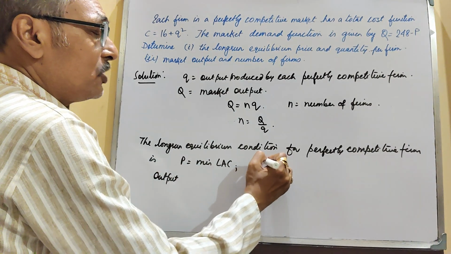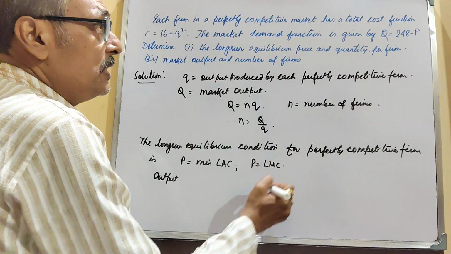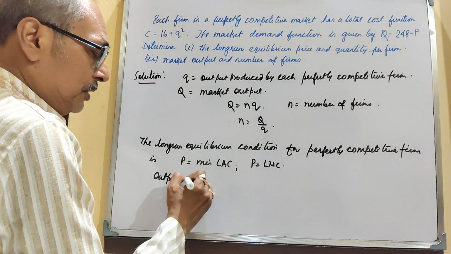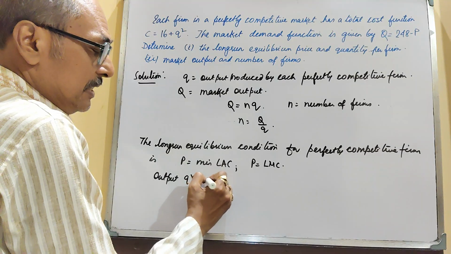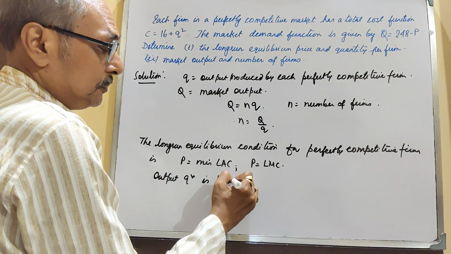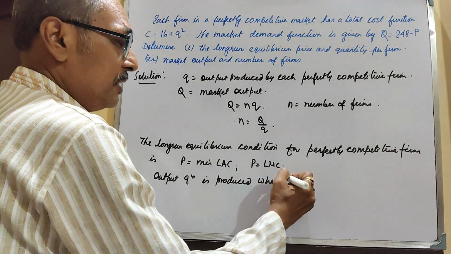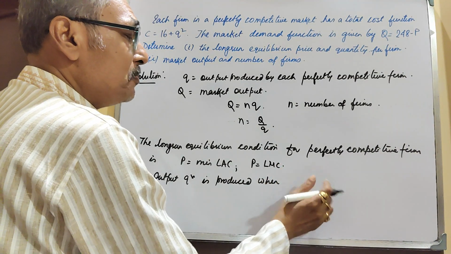P equals LMC also, and output q is produced where LAC is minimum.